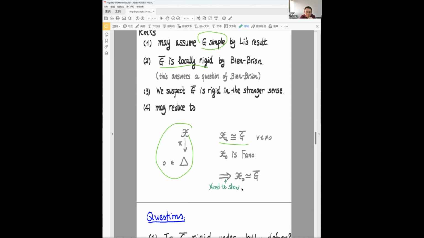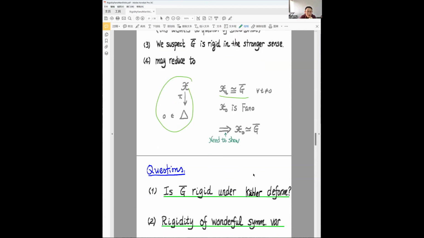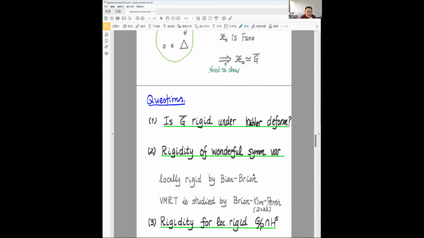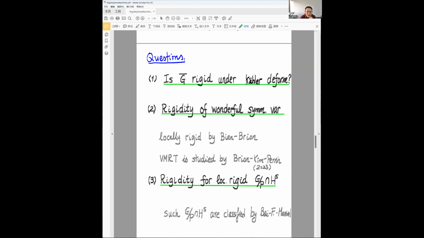I will give the proof later on. For this theorem, there are still some questions which remain. For example, we assume every fiber is Fano. Can we remove this Fano condition, or even remove the projectivity condition?